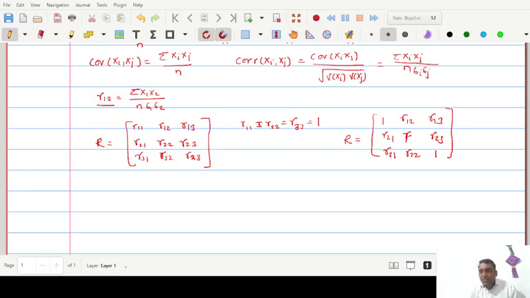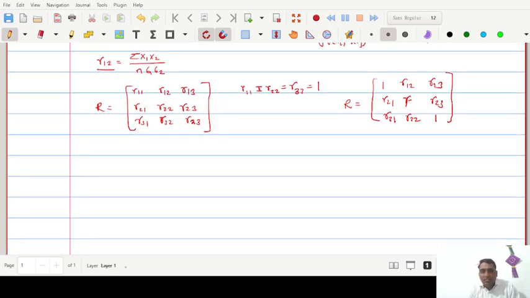Then the determinant of this matrix, determinant of R, we calculated, which is equal to 1 minus R12 square minus R13 square minus R23 square plus 2 times R12 R13 and R23. Then we find the cofactors of this matrix. R11 has the formula 1 minus R23 square.